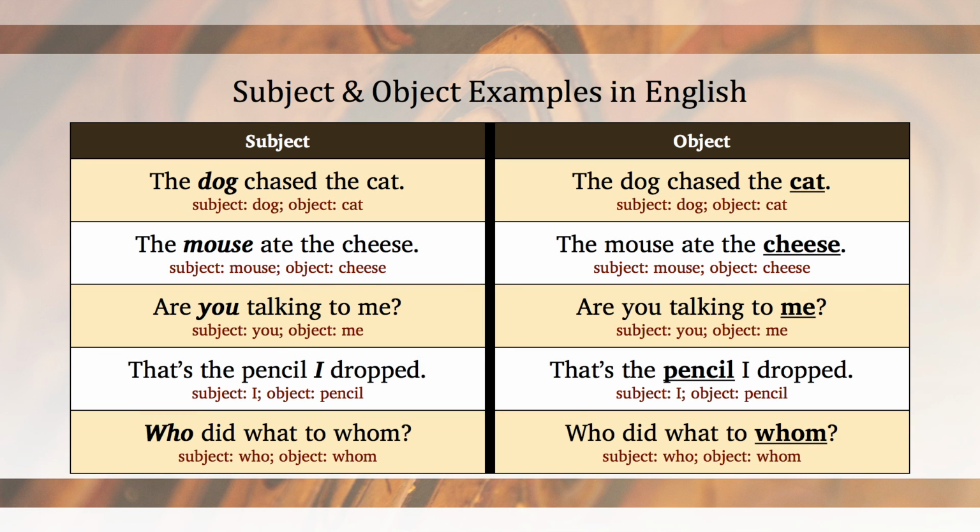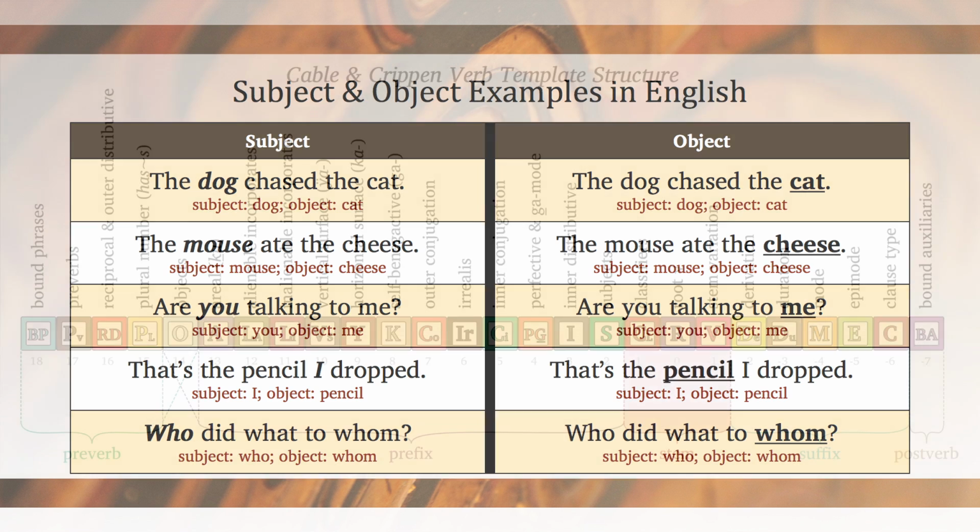Looking at these sample sentences in English, we see the subject who is performing the verb as dog, mouse, you, I, and who. The objects of these sentences who are impacted by the verb are cat, cheese, me, pencil, and whom. Pay attention to the word order of these sentences and how English prefers to have subject, verb, object.